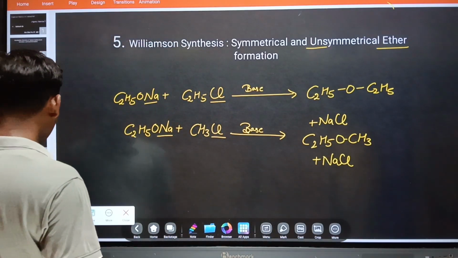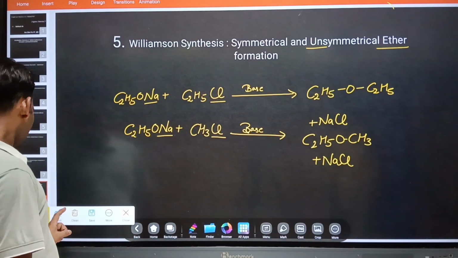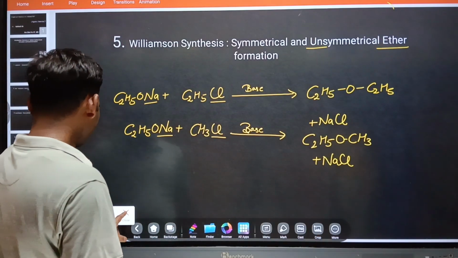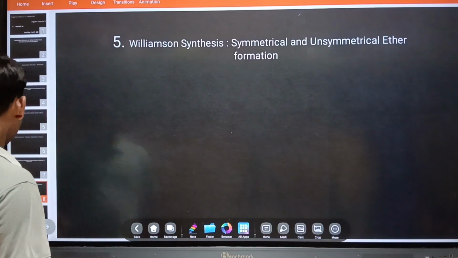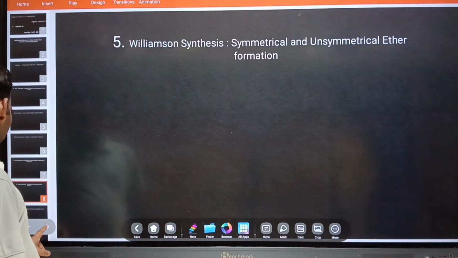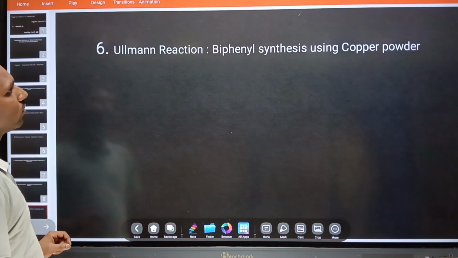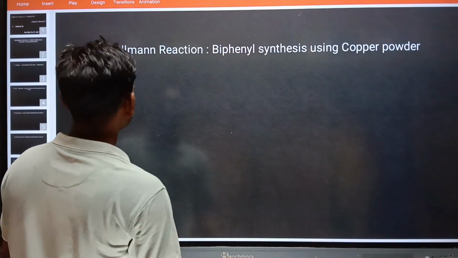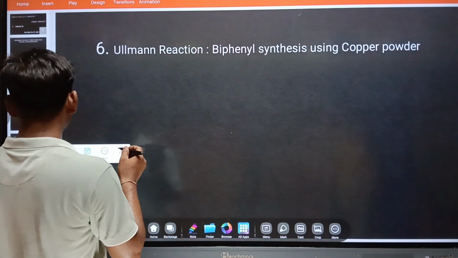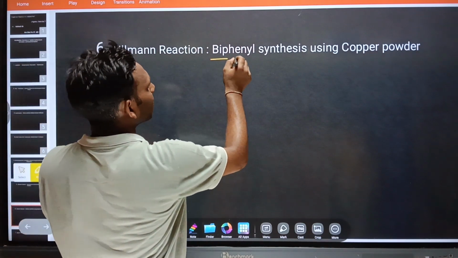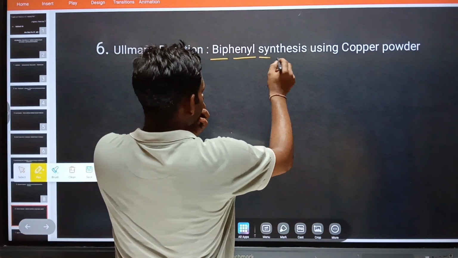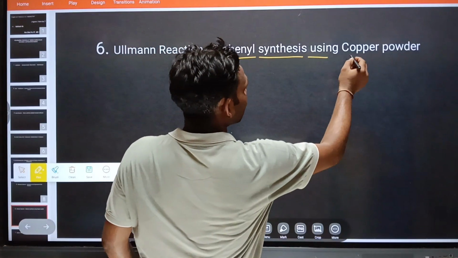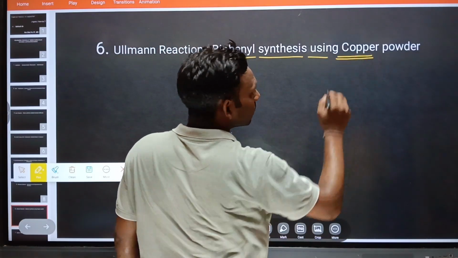So I hope you understand these chemical reactions, and now I discuss the next chemical reaction, the Ullmann reaction. Ullmann reaction: biphenyl synthesis using copper powder.